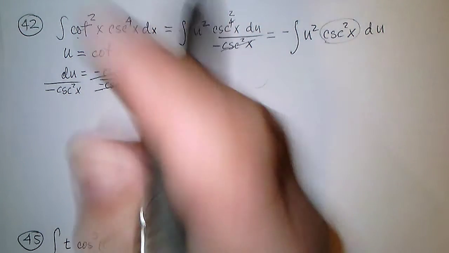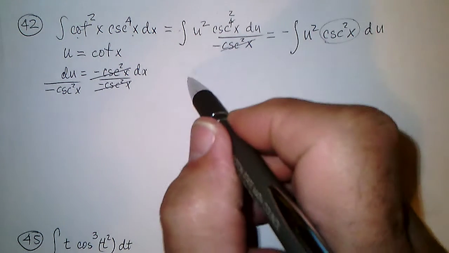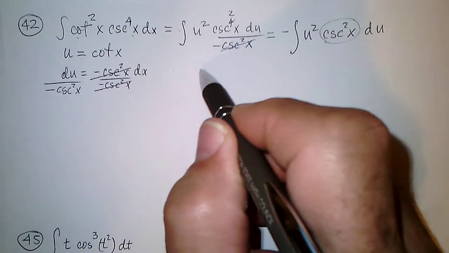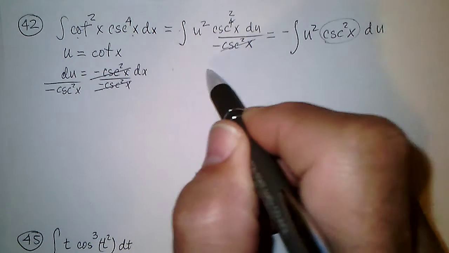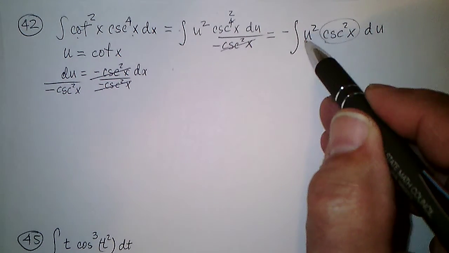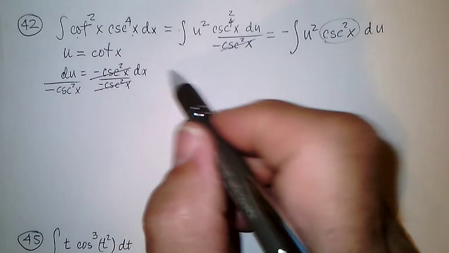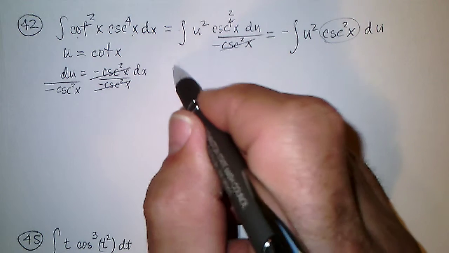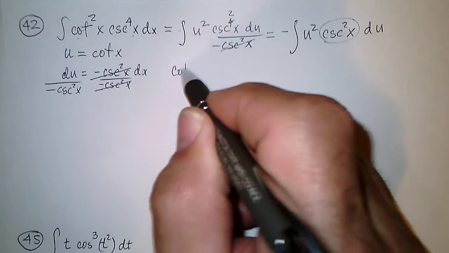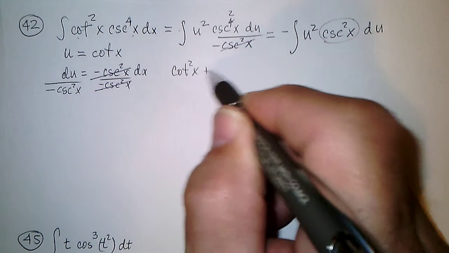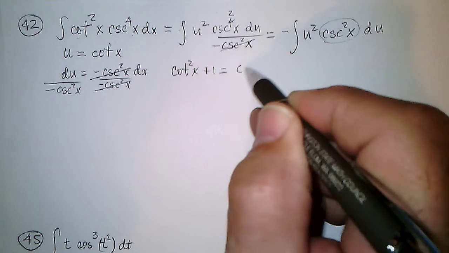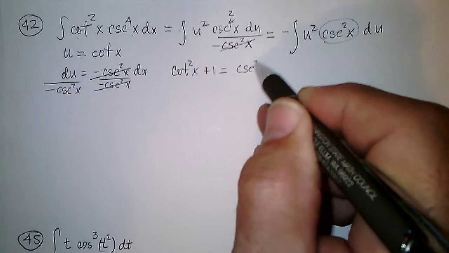And just like the tangent one, the last problem, we got the trig sine squared plus cos squared equals 1, Pythagorean theorem. If you divide everything by sine squared, then you get cotangent squared x plus 1 is equal to cosecant squared x.